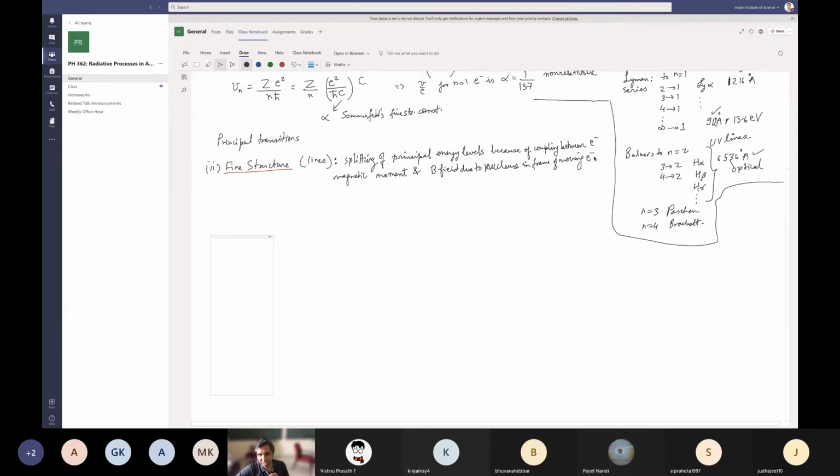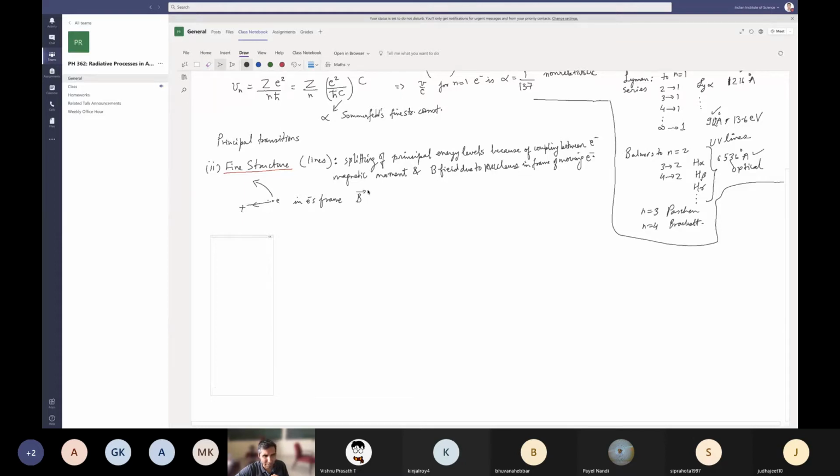So basically, what you said is fine, but another way of looking at fine structure energy is basically you have a proton and you have an electron going around it, right? If you go to the frame of the electron, this electric field, which is pulling this in, gets transformed into a magnetic field, right?